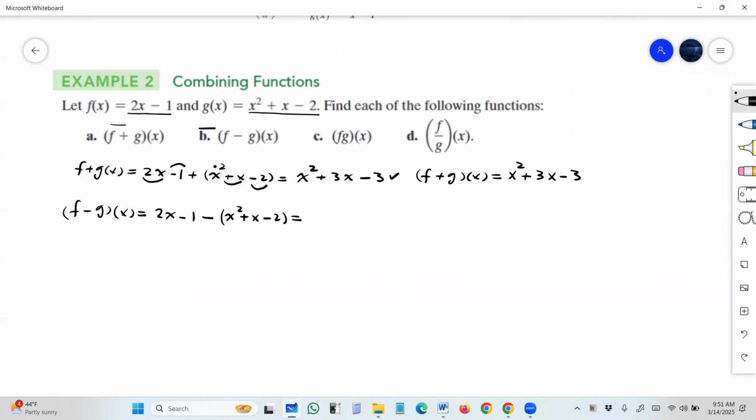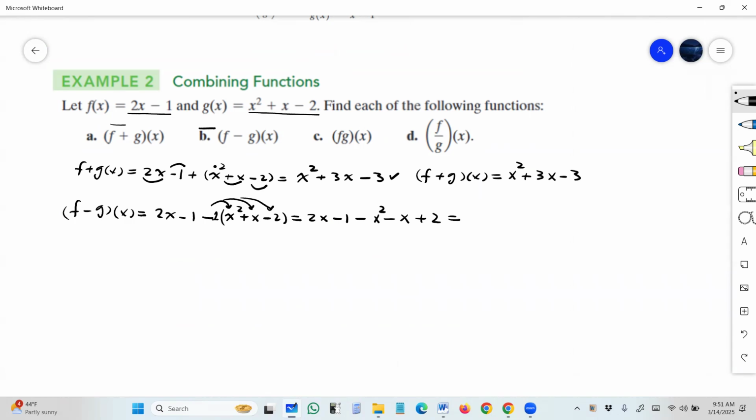So now I recommend you distribute the minus. There's an invisible 1 right here. So I suggest you distribute that and remove the parentheses. So I have 2x minus 1 minus x squared minus x and plus 2.